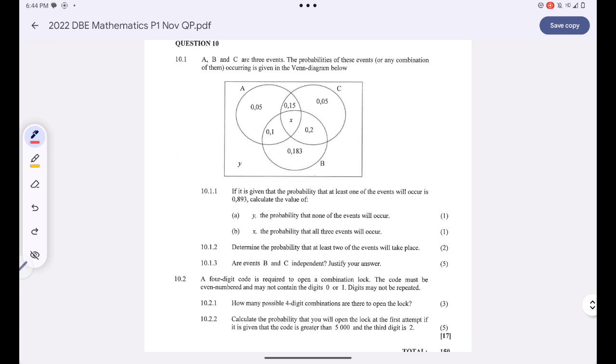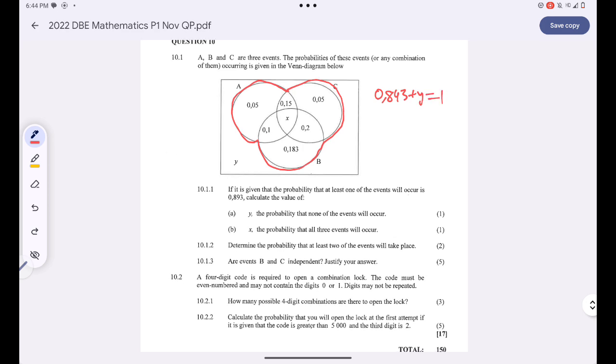the difference between 1 and 0.893 will be y. Why am I saying that? Because 0.893 just covers the three events, the sum of all the probabilities in here together. But remember that under a sample space, the probability must always sum up to 1. So it simply means that 0.893 plus y must give us 1.